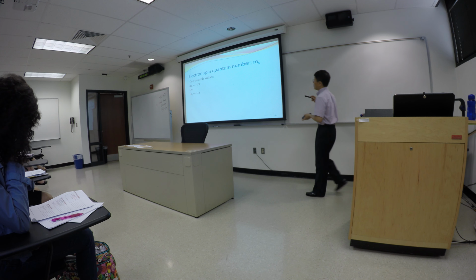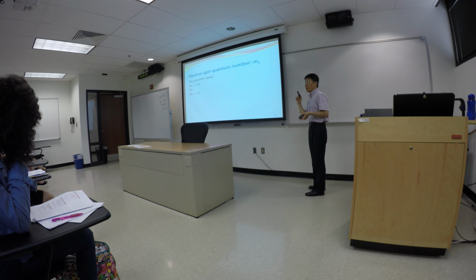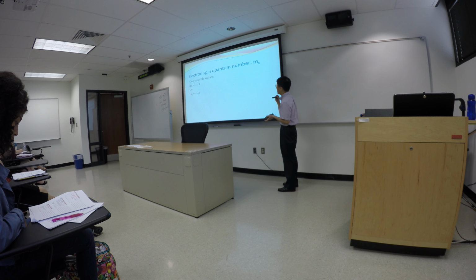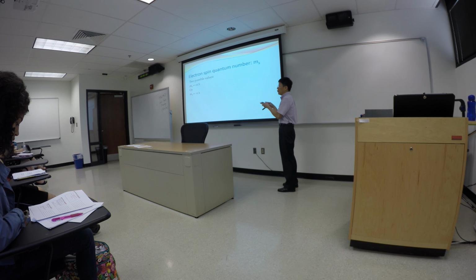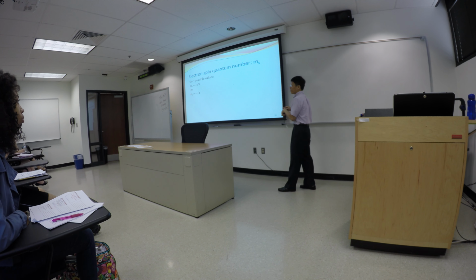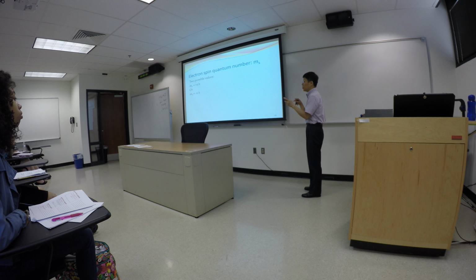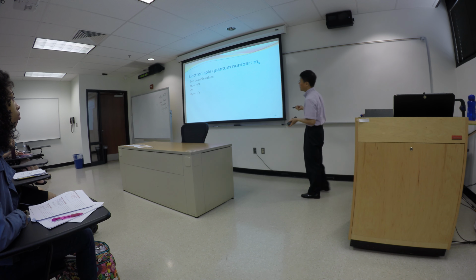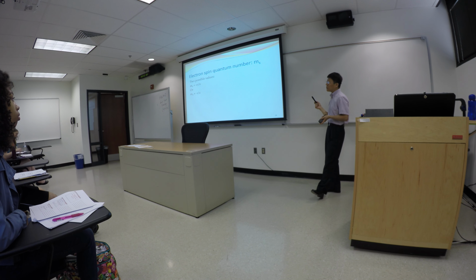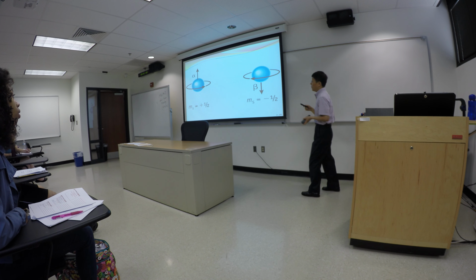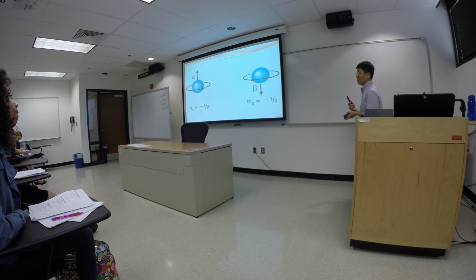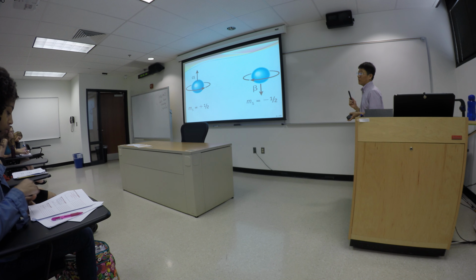Okay, so for the electron spin quantum number, there are only 2 possible values. Now that you understand the relationship among the first 3 quantum numbers, if you can put 2 electrons in the same room, then you have to be able to differentiate between those 2 electrons. So MS, the electron spin quantum number, would be either positive 1/2 or negative 1/2. By convention, counterclockwise is defined as positive and clockwise is defined as negative.